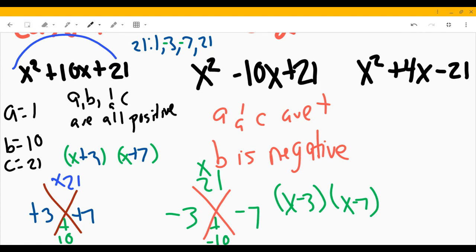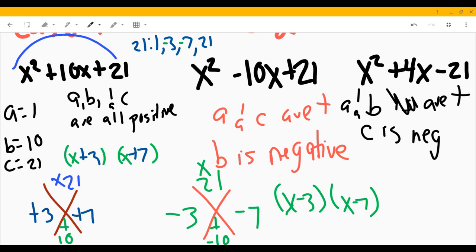Our third scenario, we're going to have a and b positive, and c is negative.